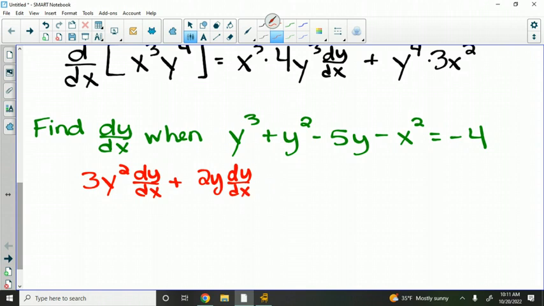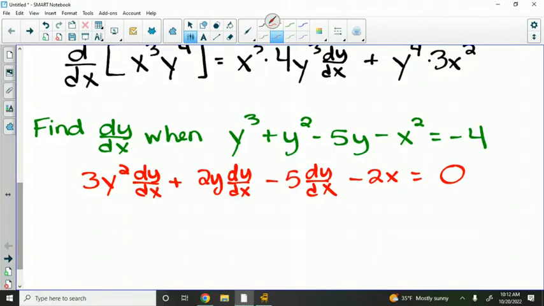Next, -5 dy dx. Next, -2x, and the variables now are matching with the x's, so we don't have to attach anything. And then this is always just an easy mistake. People get going and they just copy down a -4, but we know the derivative of a constant is 0.